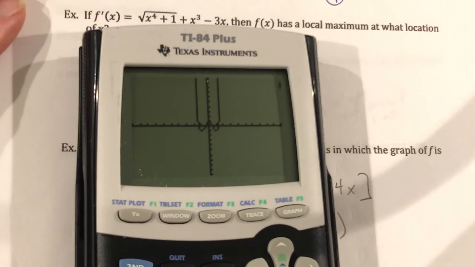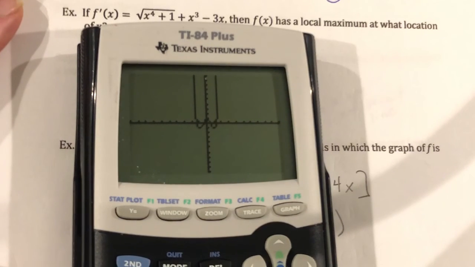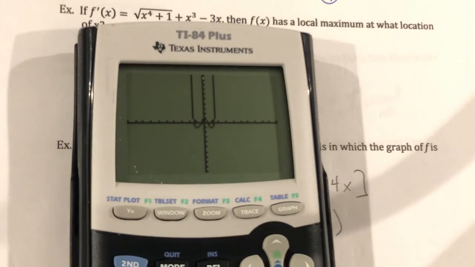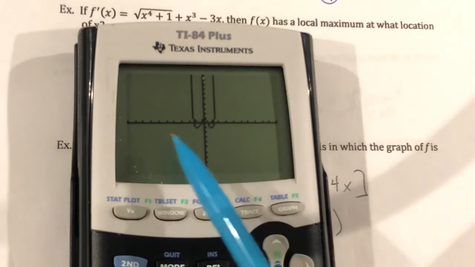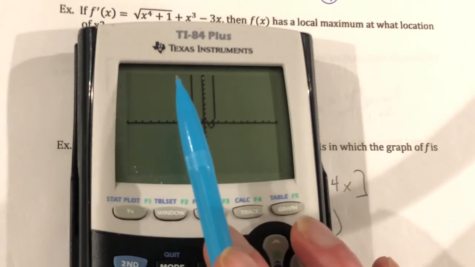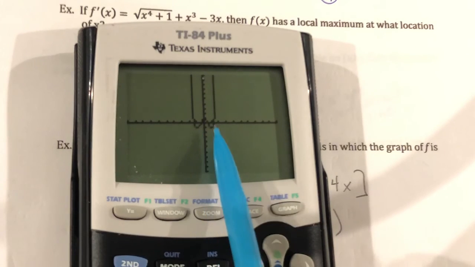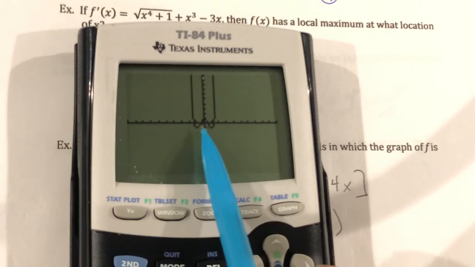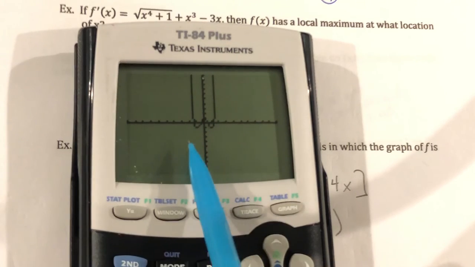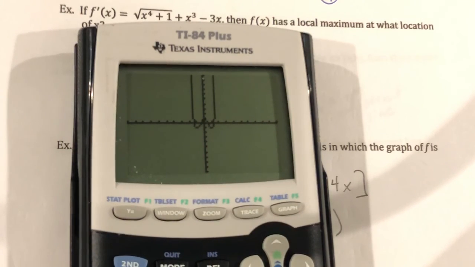It's going to be concave down where the slopes are negative. So the slopes are negative from here to here and from here to here. If you want to find these two mins and that max, that's fine with me. You can do second calc max, second calc min, and go about it that way.